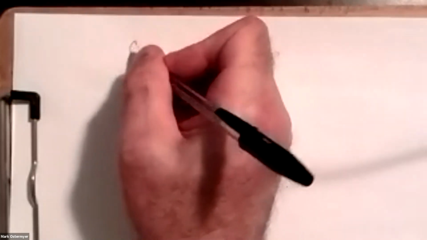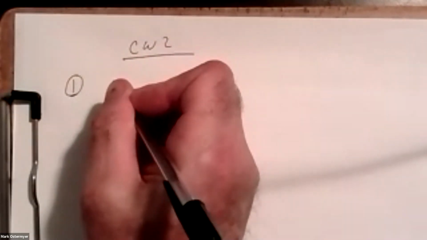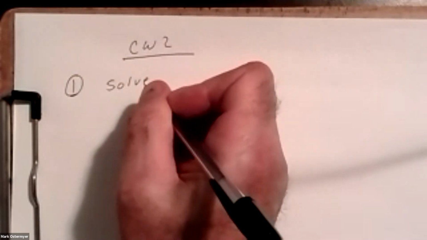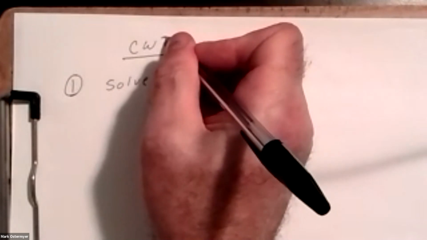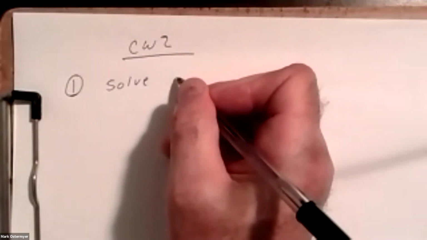Okay, classwork number 2, I want to see if you can solve some of these. Number 1, I want you to try to solve. Wait a minute, this is classwork number... Yeah, this is number 2, sorry. I want you to solve this one here.